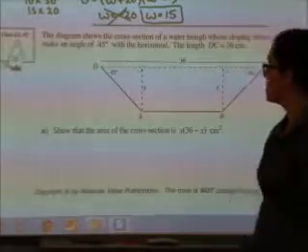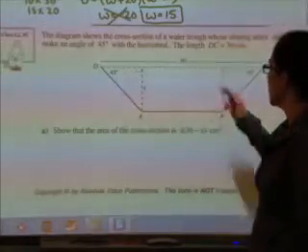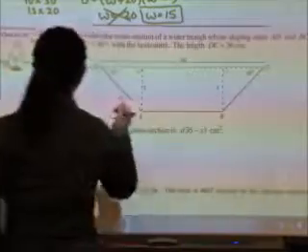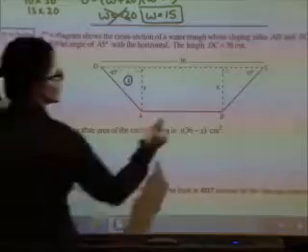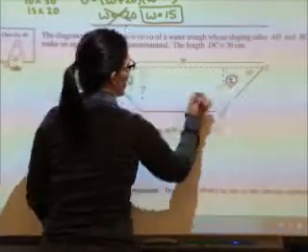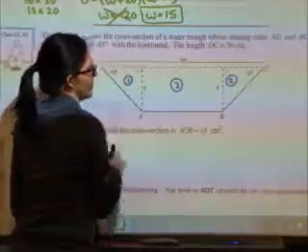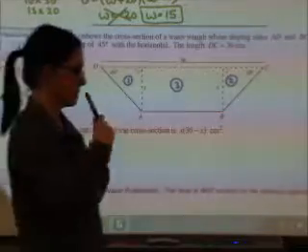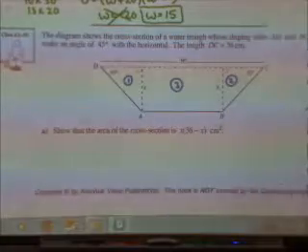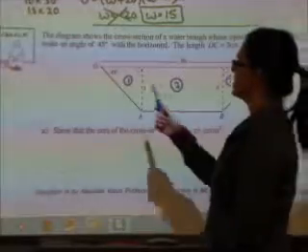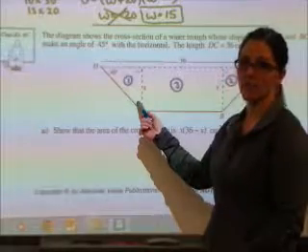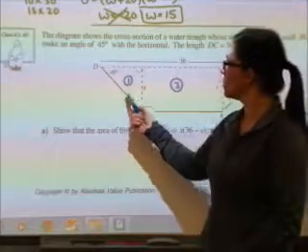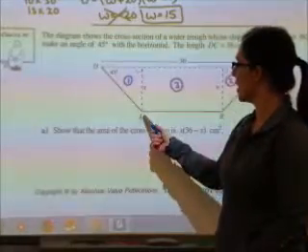So what I can do is look at three separate areas: area number 1, area number 2, and area number 3. Now, this is 45 degrees. This angle here has to be 45 degrees, which means I have an isosceles triangle.